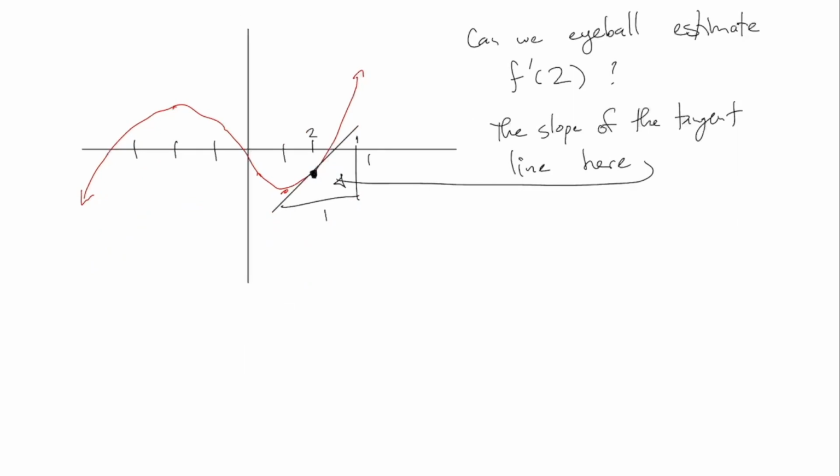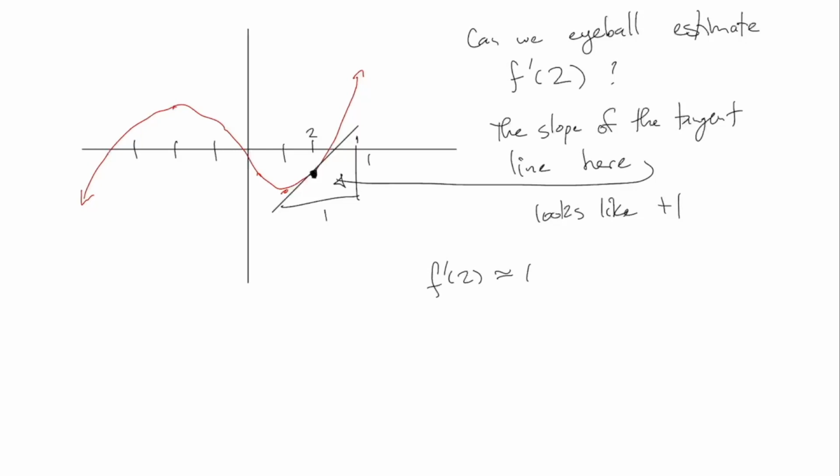Sometimes nobody wants to say it out loud, so I ask for the fingers. Yes. The 1. Yeah, thank you. Wonderful. The slope of the tangent line here looks like plus 1, right? A 45-degree line is always slope plus 1 if it's going up to the right. If it's going down to the right, that's a slope of minus 1. All right? So in this case, f prime of 2 looks like about 1, right?